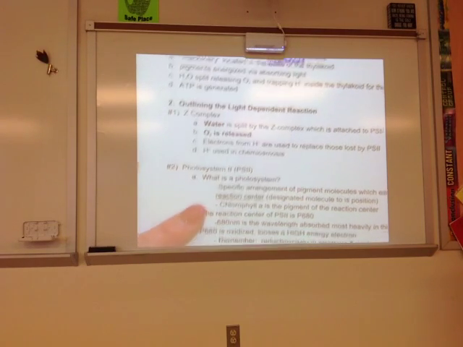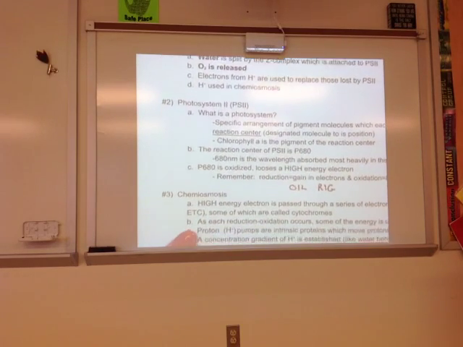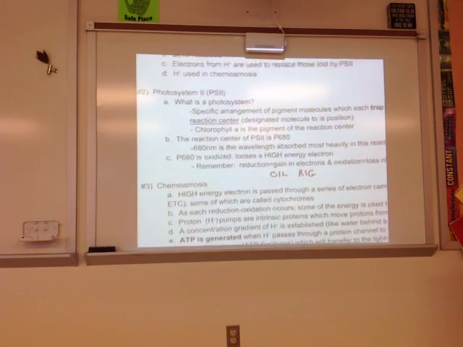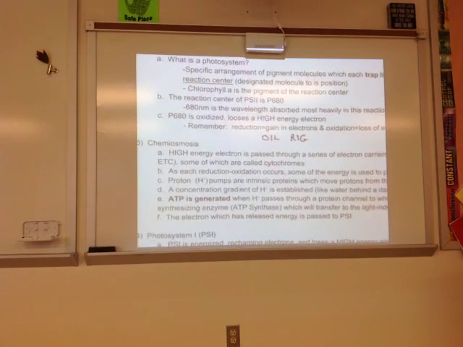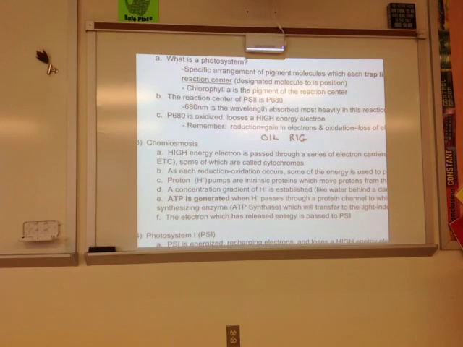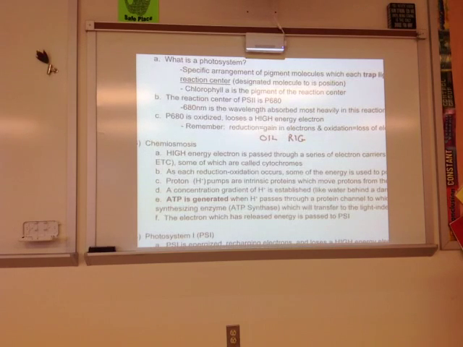Okay, we already talked about the Z complex yesterday, and then we also talked about photosystem 2 yesterday, and then we talked about chemiosmosis, except we did not talk about F, which we can now talk about. And that is that the electron, which has released its energy, is then passed on to photosystem 1. So that was the new part today, the electron going from photosystem 2 to photosystem 1.